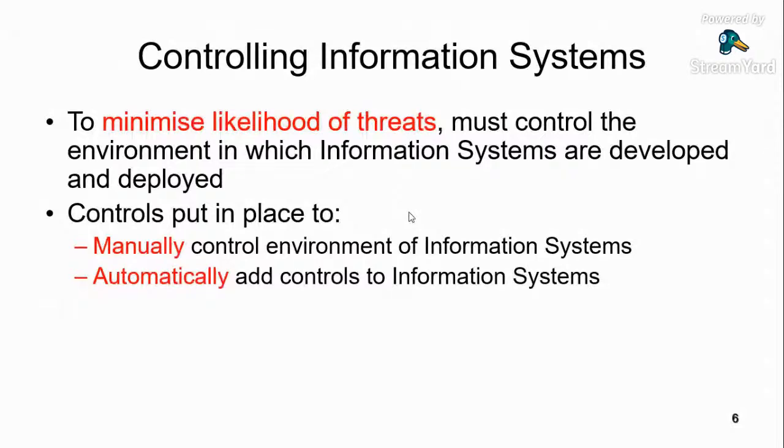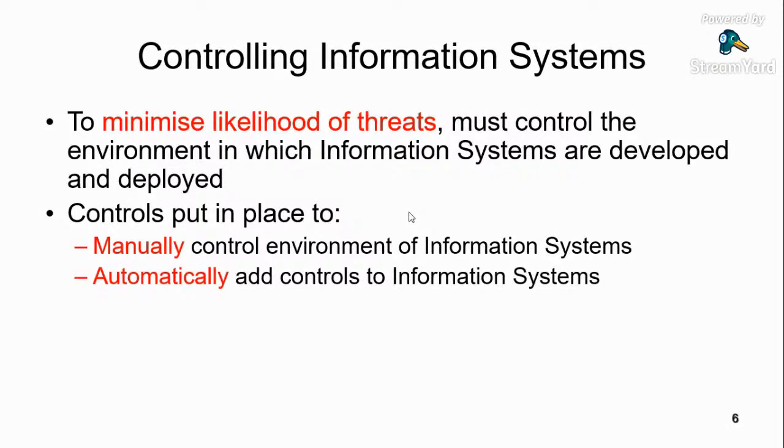All these three aspects have to be controlled: control of hardware, control of software, and control of people for overall sustainable operation of the system. And these controls can be put in place manually, or they can be put in place automatically.